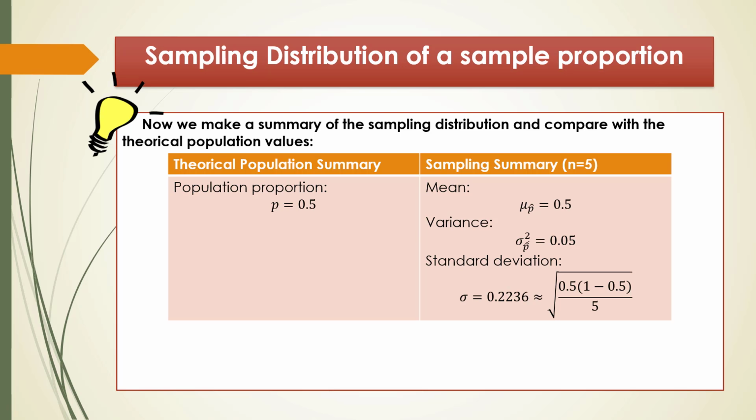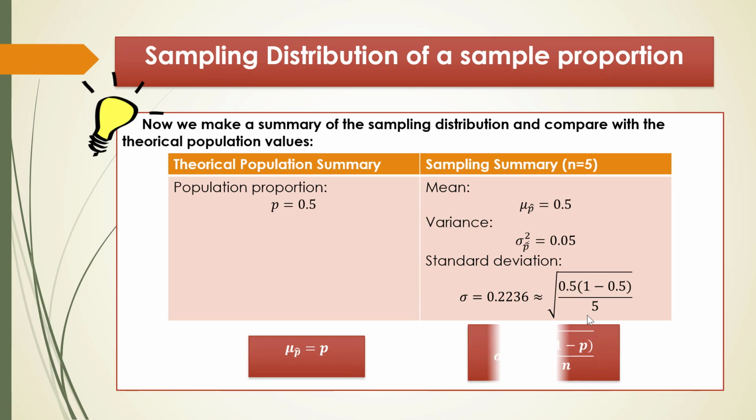And for the sampling distribution summary, the mean of the sample proportion is 0.5. The variance of the sample proportion is 0.05, and the standard deviation is the square root of the variance, so it's 0.2236. Here, there is a relation between sigma, p and the sample size. Sigma is approximately the square root of 0.5 times 1 minus 0.5 over 5.